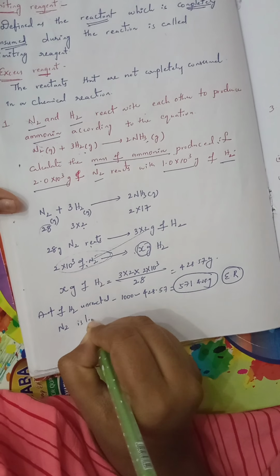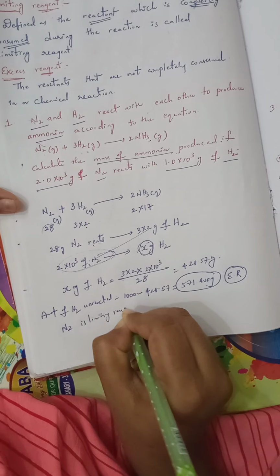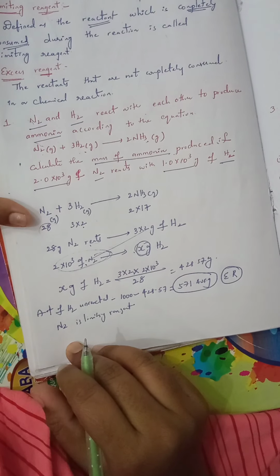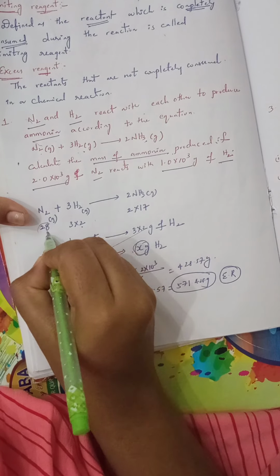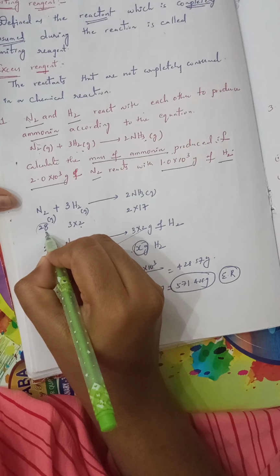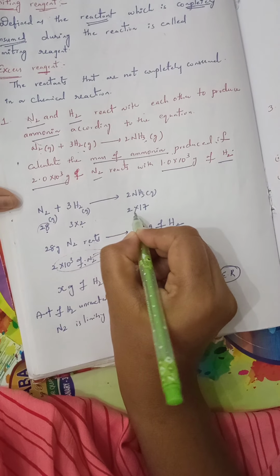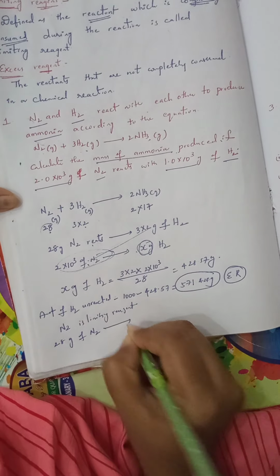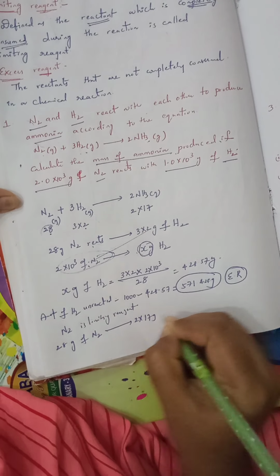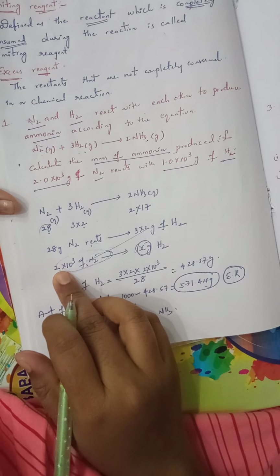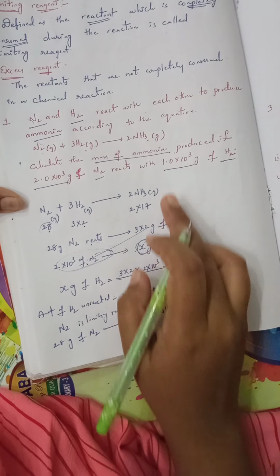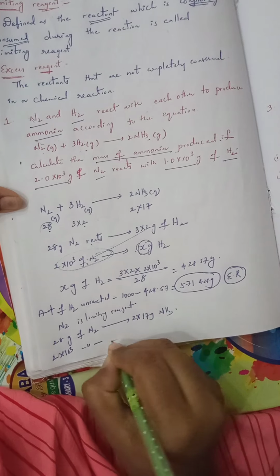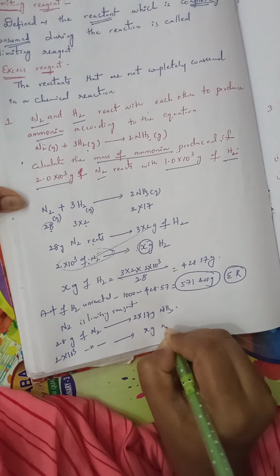N2 is the limiting reagent. Now N2 is used to find the mass of ammonia gas. 28 grams of N2 can give 2 × 17 grams of NH3. Then 2 × 10^3 grams of nitrogen can give x grams of NH3.